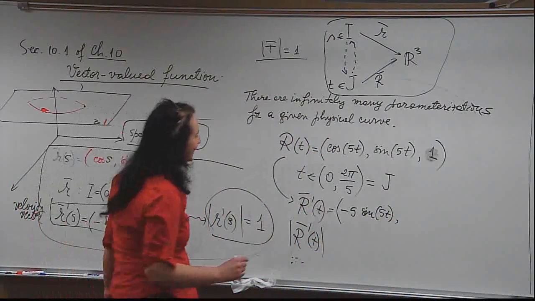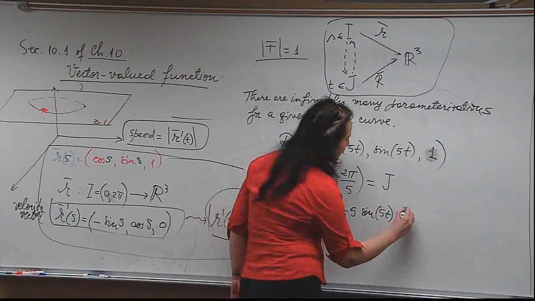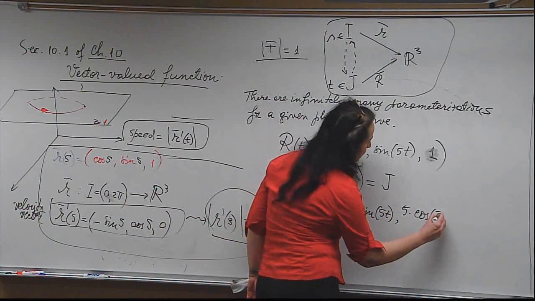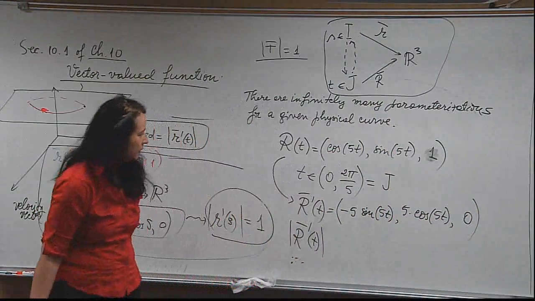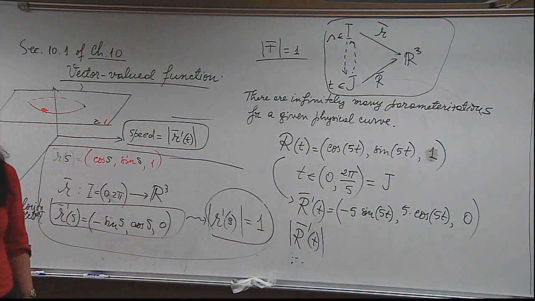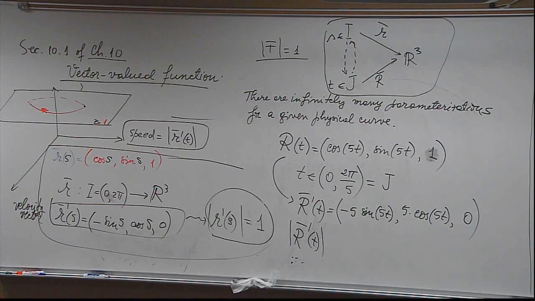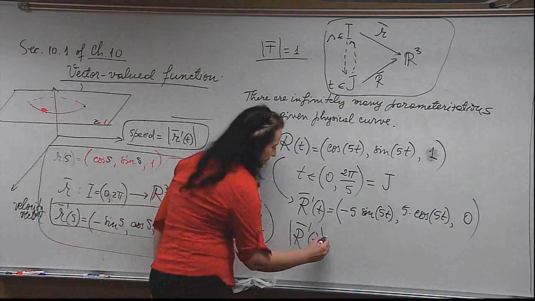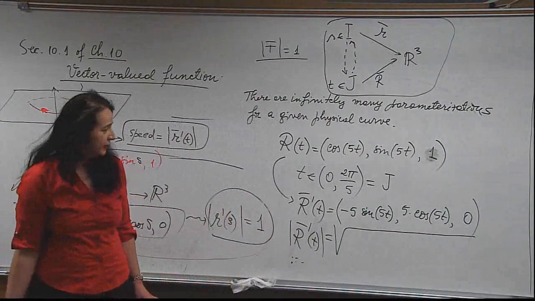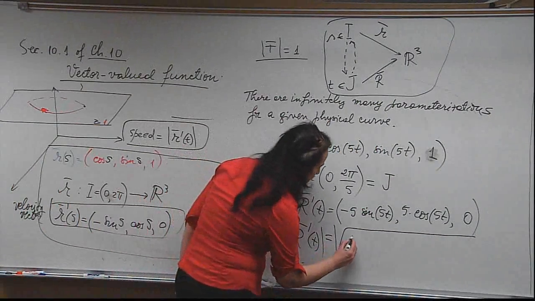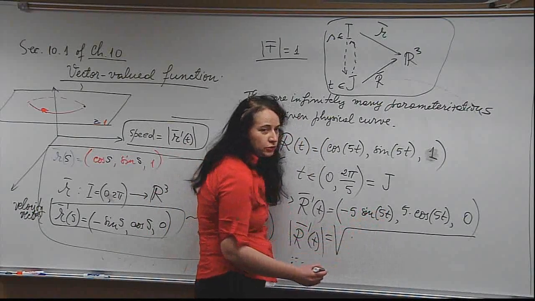So 5 times cosine 5t, and finally 1 prime, which is 0. Now, let's be brave and write the whole thing down. So I'll say minus 5 sine 5t all squared.